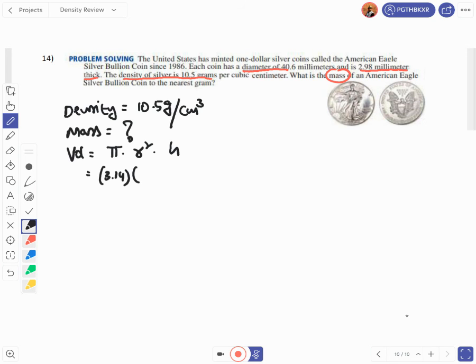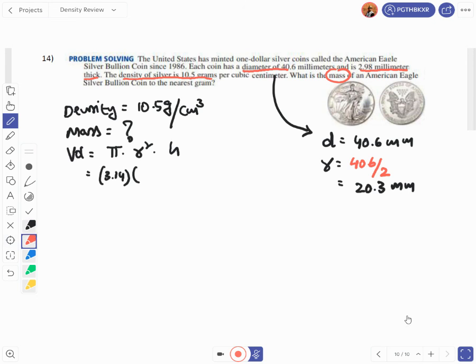For the radius, diameter is given as 40.6 millimeters, and radius is half of that, so 40.6 over 2 gives 20.3 millimeters.